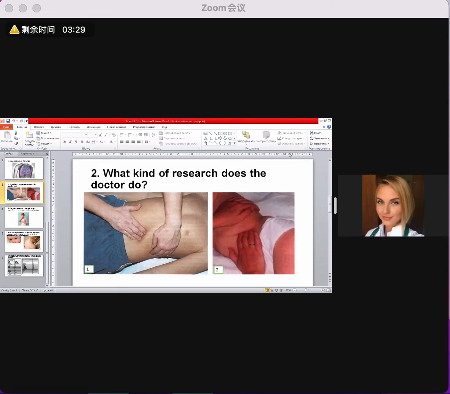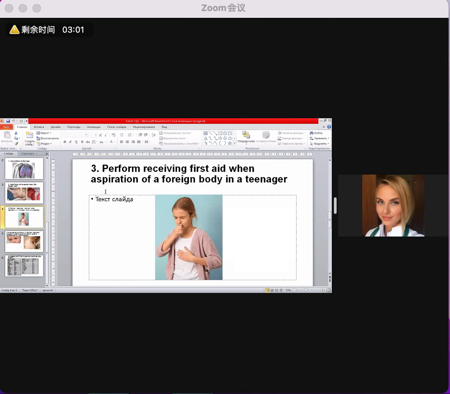What kind of research does the doctor do? Palpation of the spleen. So is the spleen palpated in normal? No, of course not. Then, next question. Expression of a foreign body in a teenager. Heimlich maneuver.